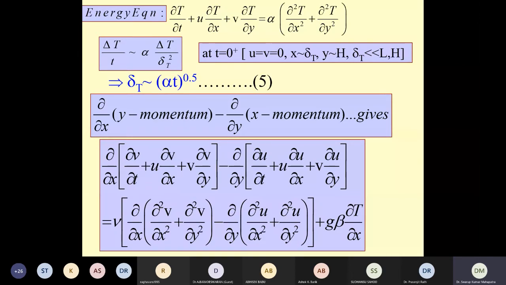Out of these, delta x is comparatively very small compared to y, in the sense that delta x is of the order of the boundary layer thickness, whereas y is of the order of the height of the enclosure. So the boundary layer thickness is much smaller compared to the height of the enclosure.